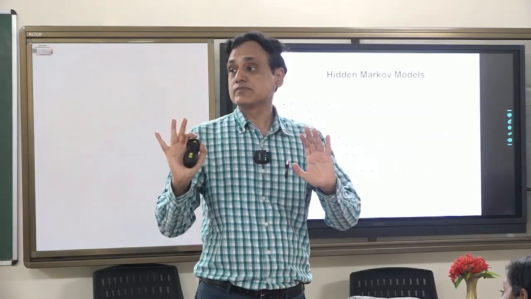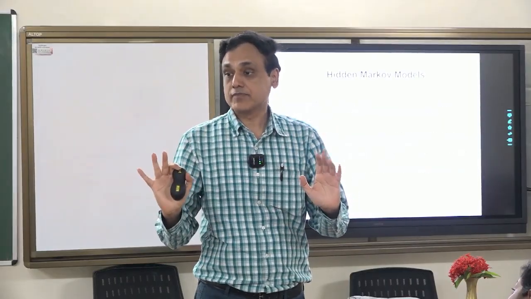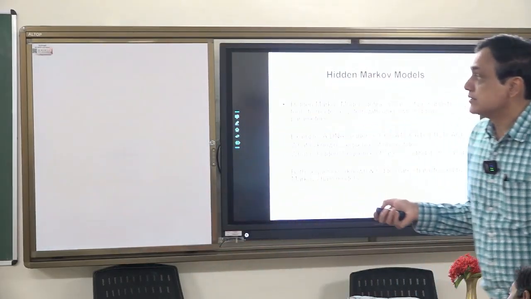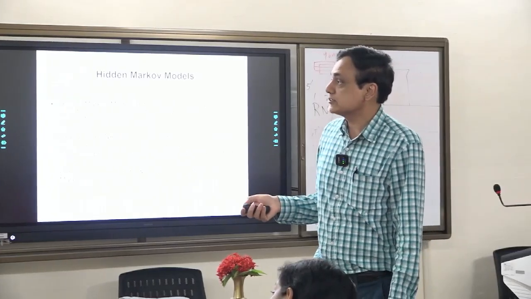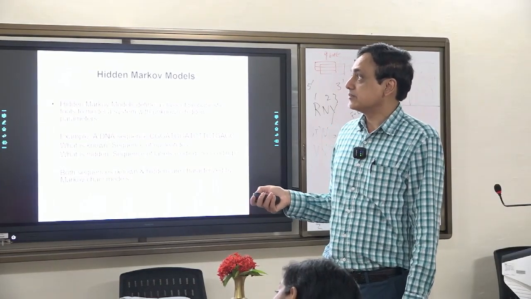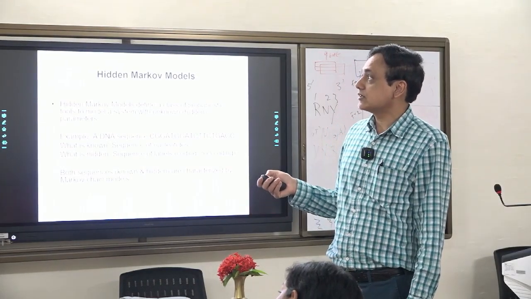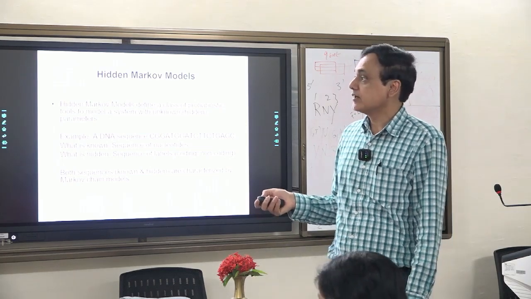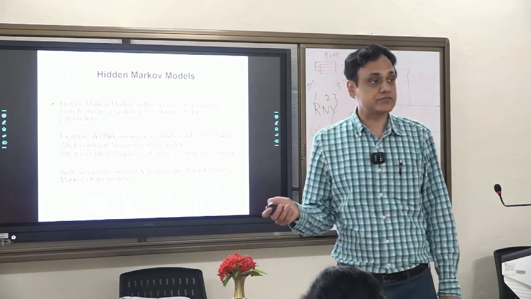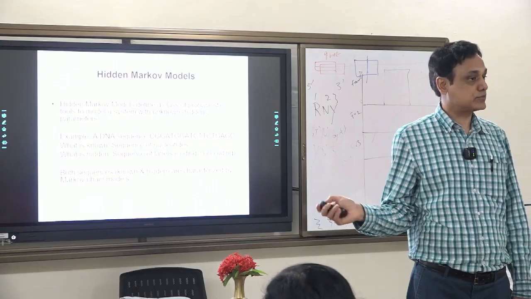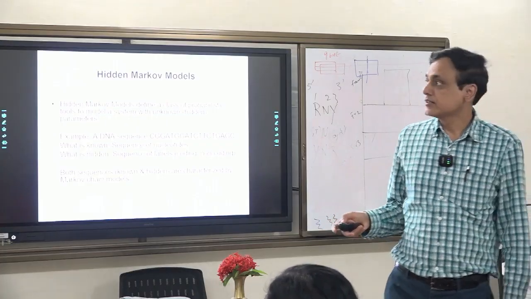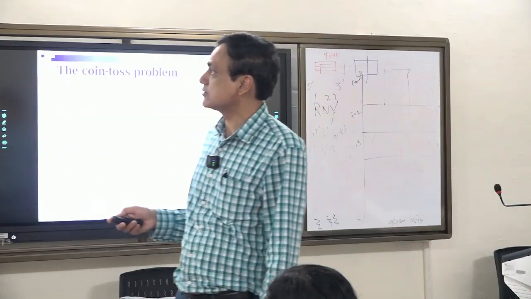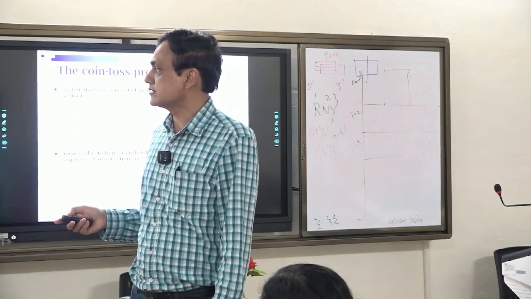What is known is the sequence only. Both knowns and unknowns are integrated within one model called hidden Markov model, and both sequences, the known sequence and the hidden sequence, are characterized by Markov chain model. So let's consider some examples to understand this.